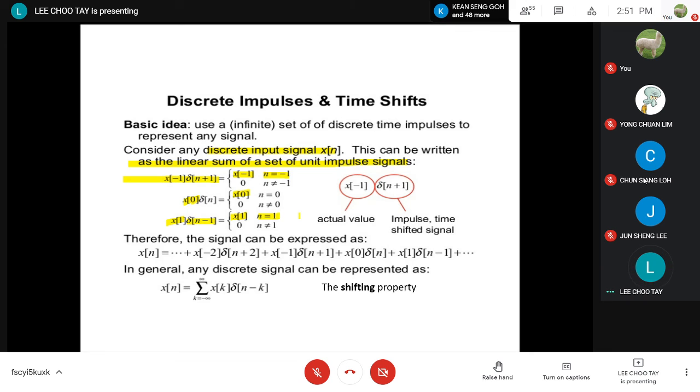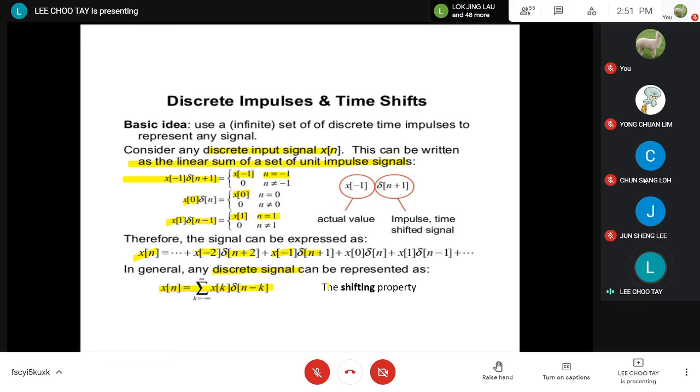So I can represent this signal xn by x minus 2 delta n plus 2, x minus 1 delta n plus 1, and so on. That means in general, I can actually represent any discrete signal xn using this equation.